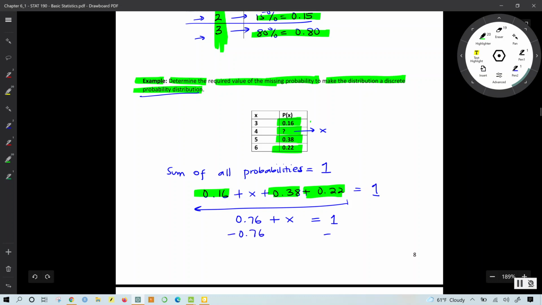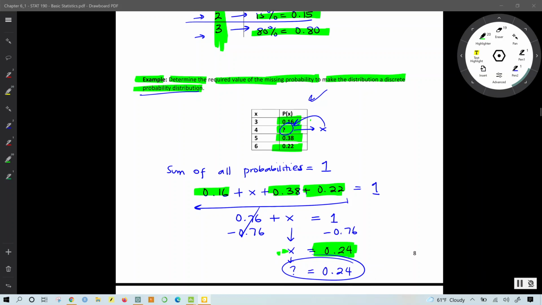Subtracting 0.76 from both sides, I will have x is equal to 0.24. So, with that said, we have an answer for the missing question mark. X represents the question mark, so the question mark equals 0.24. This is our answer that makes this table a discrete probability distribution.